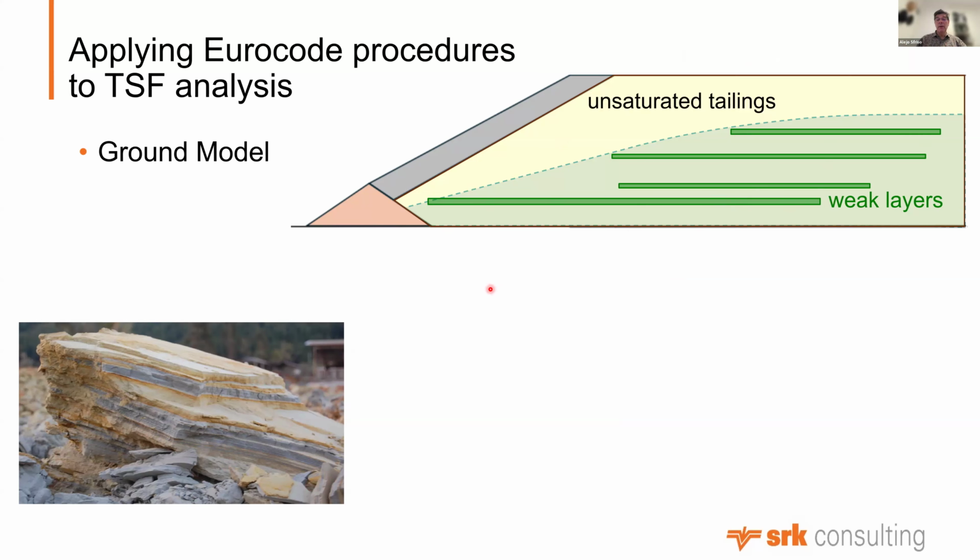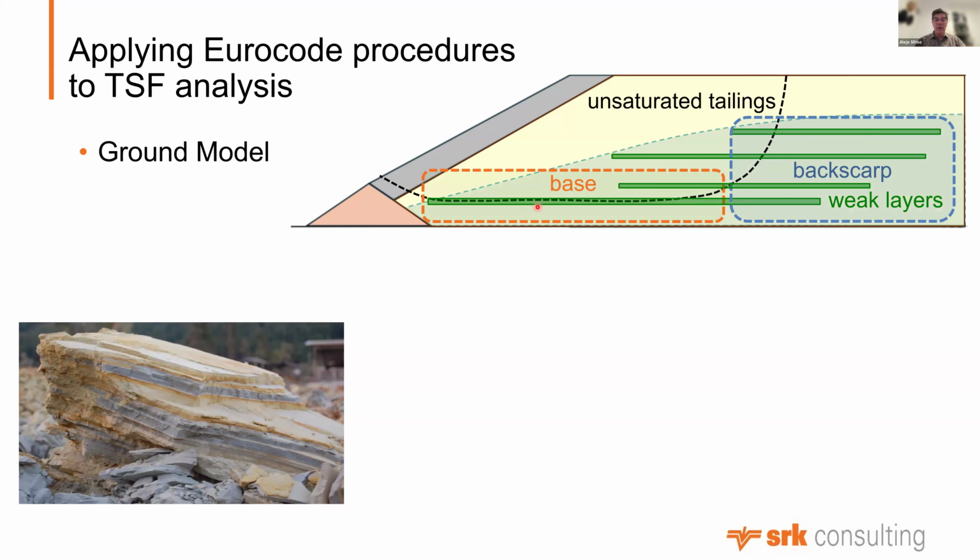So this ground model means that you may face this sort of failure where you are unlucky and a good chunk of the failure surface goes through one of the weak layers. So you can divide the backscarp, where the failure surface, if it develops, will go across all the weak layers, not along one, and the base, where you should expect that the failure surface, if it develops, will go along one of these weak layers.